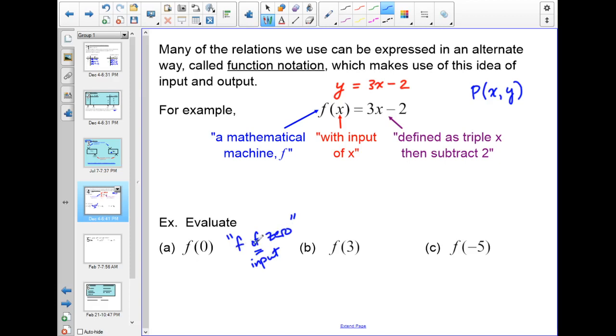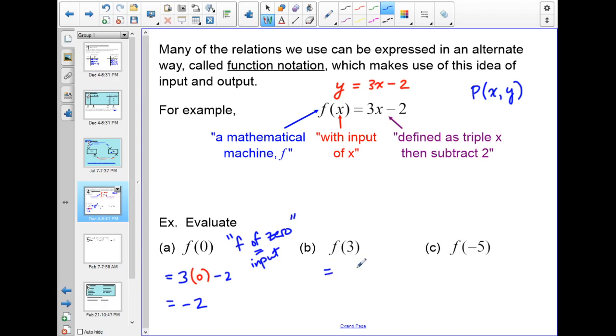So this is the function f with an input of 0. The way that we resolve this is we take a look at the definition, which is 3x minus 2, but wherever there was an x, just like we would have done with the equation y equals 3x minus 2, wherever there was an x, I'm going to replace it with a 0, and then I'm going to complete the operations as instructed. 3 times 0, of course, is 0, minus 2 just gives me negative 2.